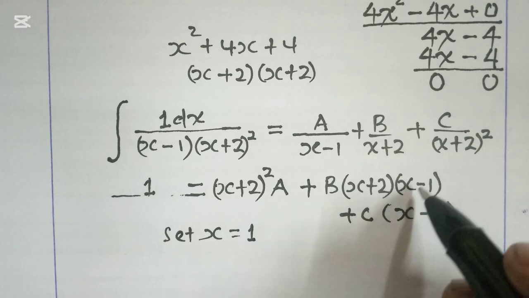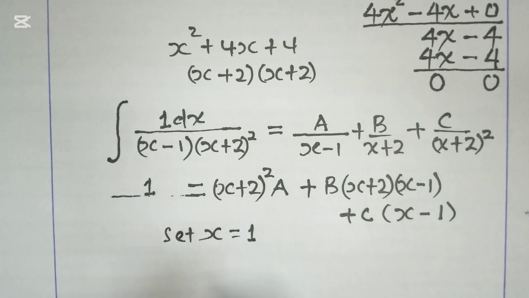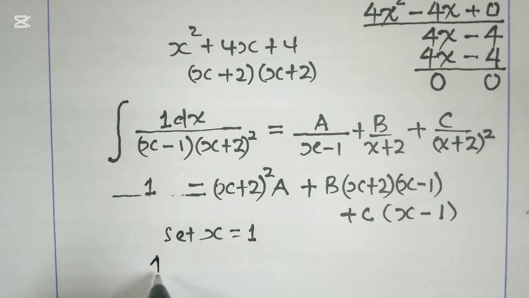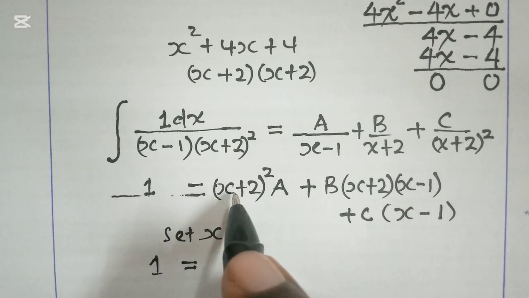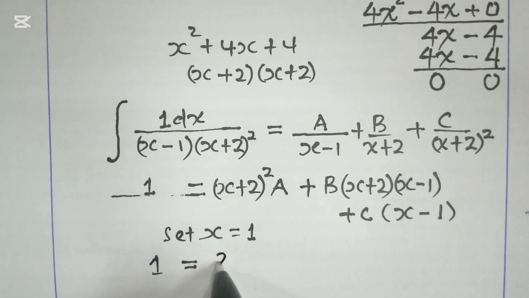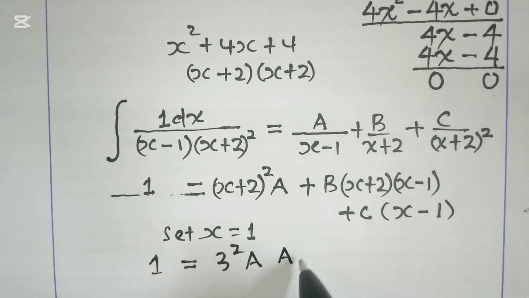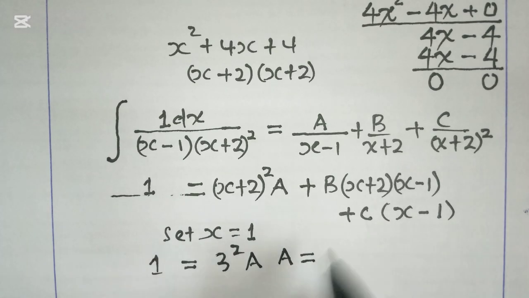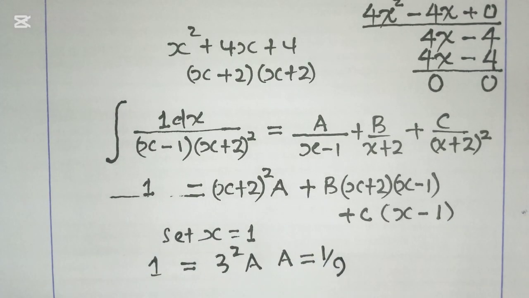Multiply by C is 0. This one is 0. Multiply by that is 0. So we are left with 1 equals to, x I have said 1, 1 plus 2 that is now 3 squared A, which now translates to A is equal to 1 over 9, because 3 squared is 9.